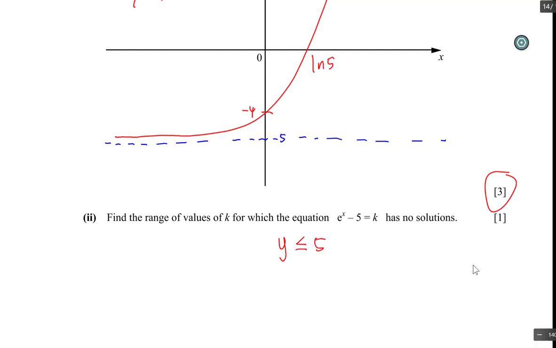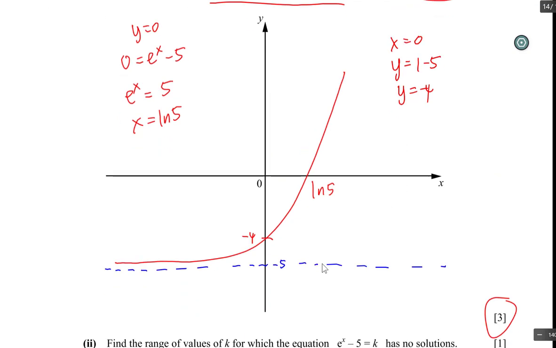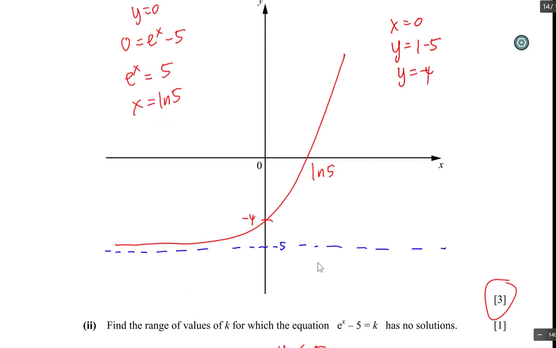Because when y equals negative 5, there is no solution, and y less than negative 5 also has no solution. And you might think, how far will this graph go? This graph will actually go to infinity also. So you don't need to think about any part above negative 5, it's not possible to have no solution. It always has one solution, unless the value is below negative 5, then it will have no solution.